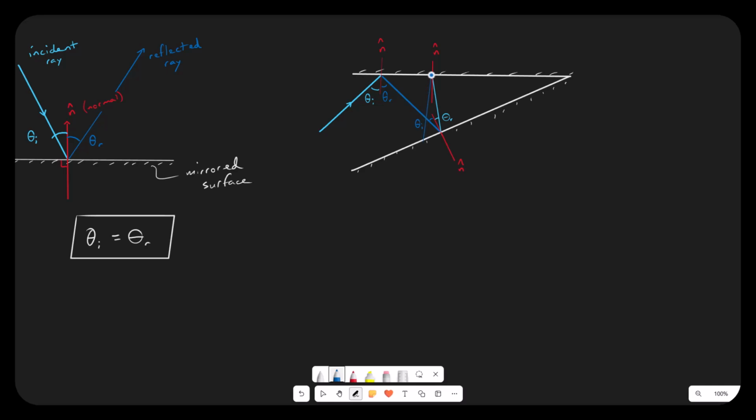And that'll be something like this, because these two angles have to line up. Got a new normal again, so I can start to make these problems considerably longer. A new normal again, so a new reflection again, and I have escaped this thing.